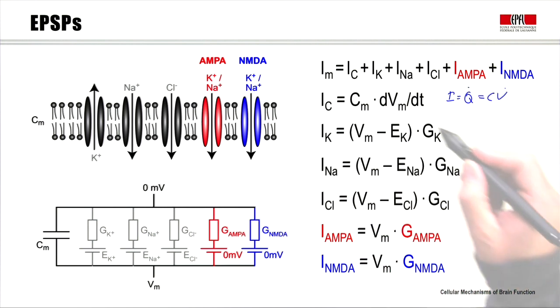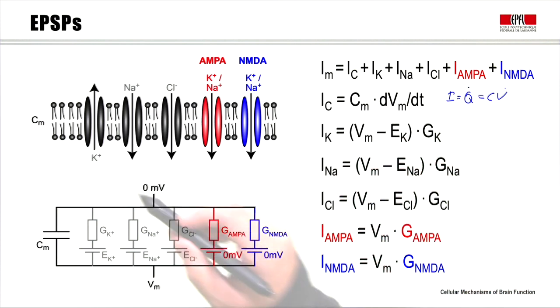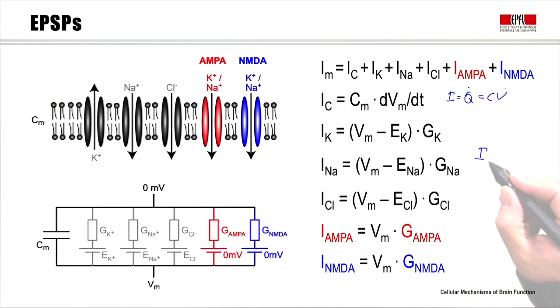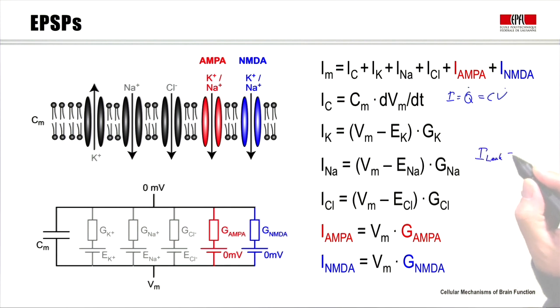We also have our various leak conductances relating to potassium, sodium and chloride conductances that we can also just rewrite in a single term here, that the leak current is equal to the membrane potential minus some leak potential times the leak conductance overall. And the E leak here is simply the resting membrane potential of the cell in the absence of synaptic conductances. And typically that's sitting at around minus 70 millivolts.